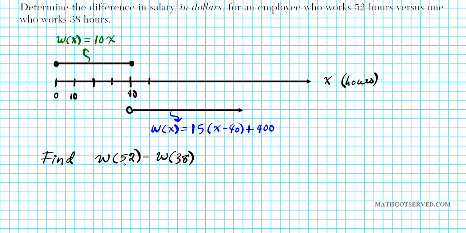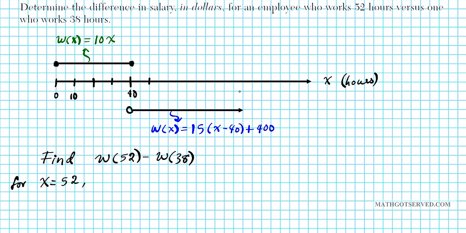Let's start with W52. For W52, x is equal to what? X is equal to 52. That's your input. Now, for x equals 52, what is the function that we're going to be looking at? Let's look at the intervals right here.